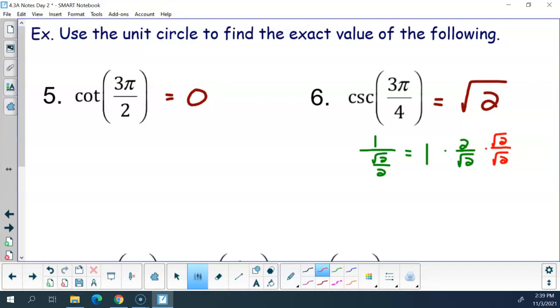Which then becomes 2 over the square root of 2, and the 2's cancel each other out, leaving you just with the square root of 2. Keep, change, flip.